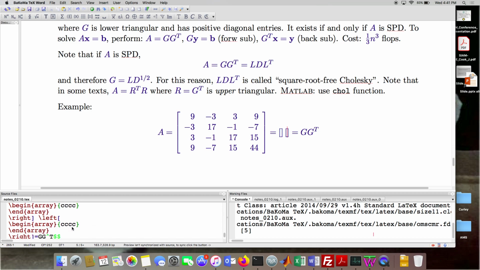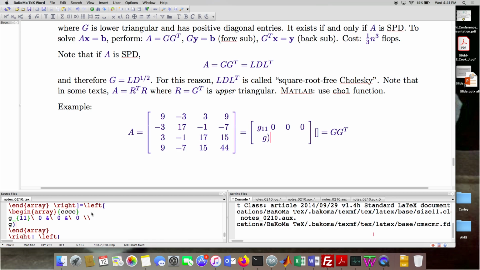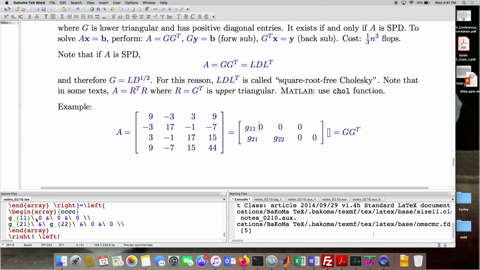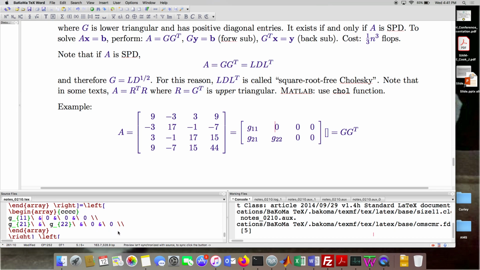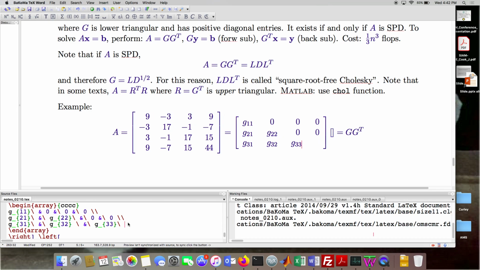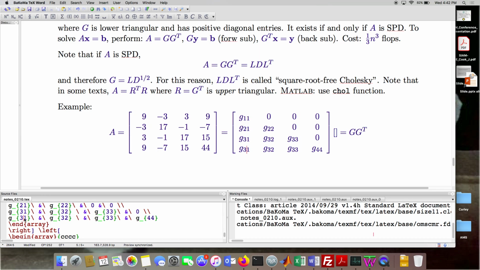All right, so what I will do is fill in a general lower triangular matrix for G. So G11, and then we have G21, G22, and then G31, G32, G33. Okay, so that's G, and then we're going to fill in G transpose.